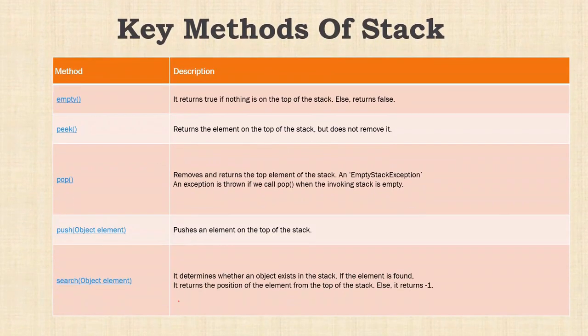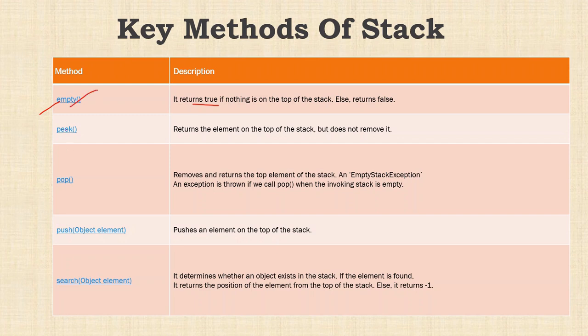Now we are going to move on to the key methods of Stack: empty, peek, pop, push, and search. Empty returns true if nothing is on top of the stack, which means the stack is empty.